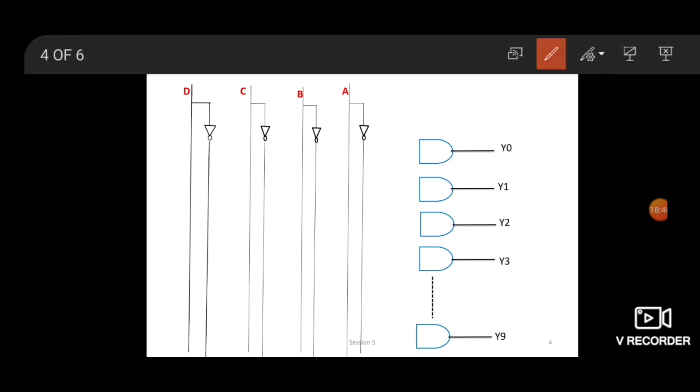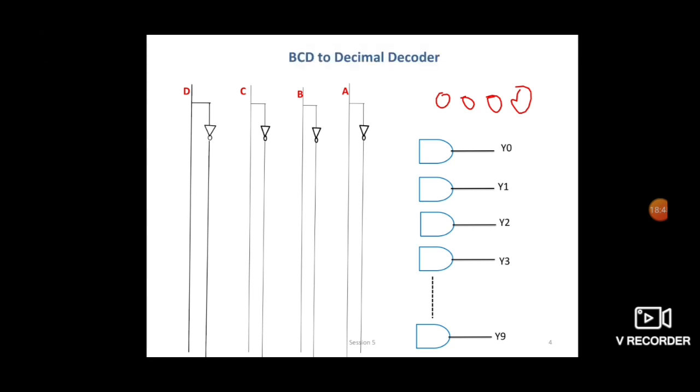Okay, the first AND gate, four zeros give output 0. If 0 is passed through this NOT gate, it is converted into 1.